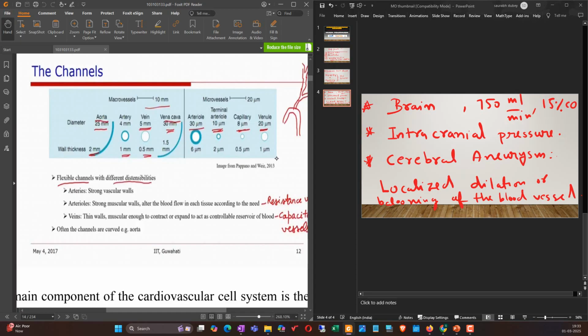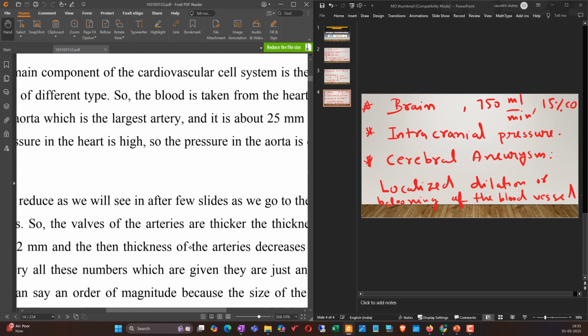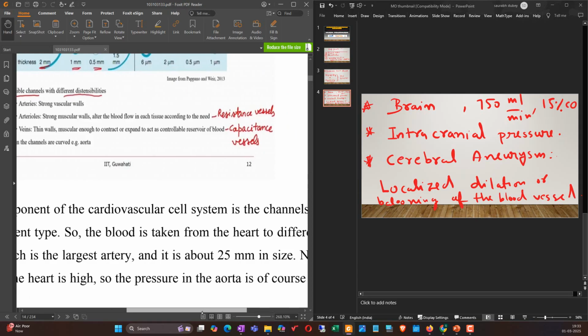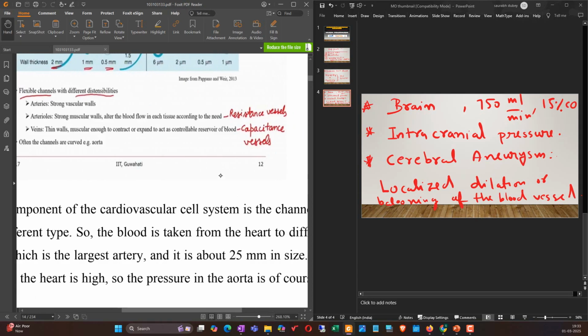So these are some things about arteries, arterioles, and veins, and often the channels are curved, like the aorta, right? So arterial resistance vessels we call them. Why? Because these have strong muscle walls that alter the blood flow in each tissue according to the need, right? And veins are capacitance vessels. Resistance vessels are arterioles, and capacitance vessels are the veins. So this point you remember.